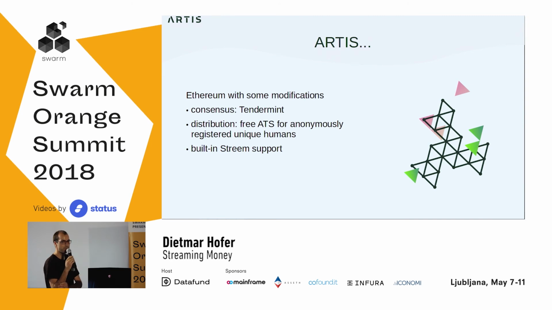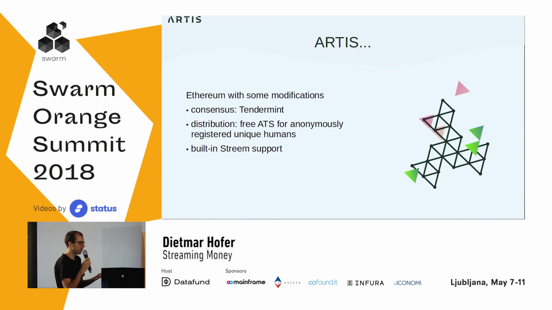We are working on a registration process, which we are very aware is a difficult challenge, but we're trying, where humans can get registered without leaking much information, but enough information to be able to do duplicate checks. Basically we want to provide everybody who is interested with a share of this common resource, the ATS for making transactions on this network. And we are building in stream support.